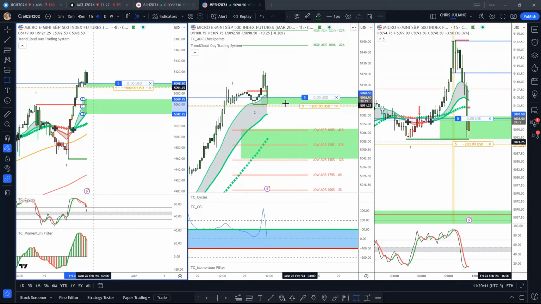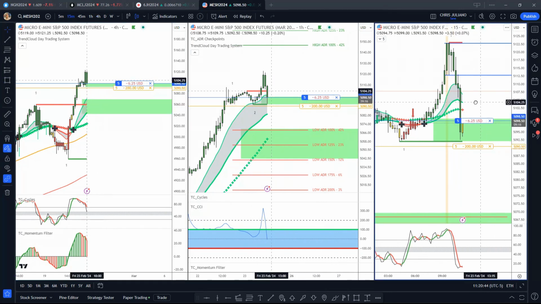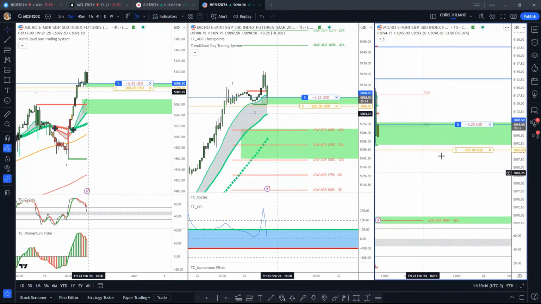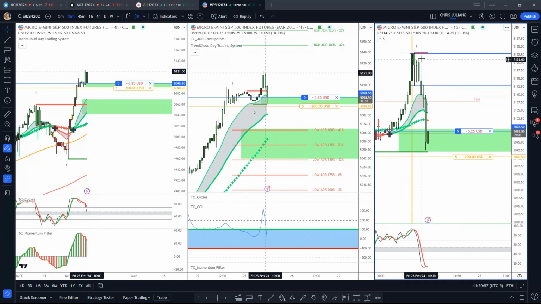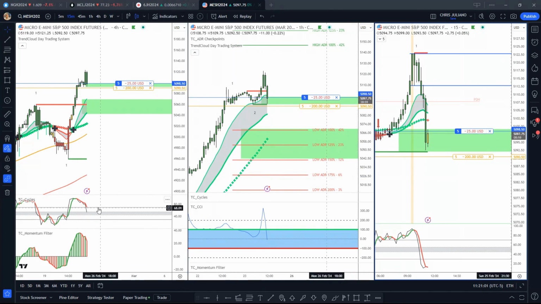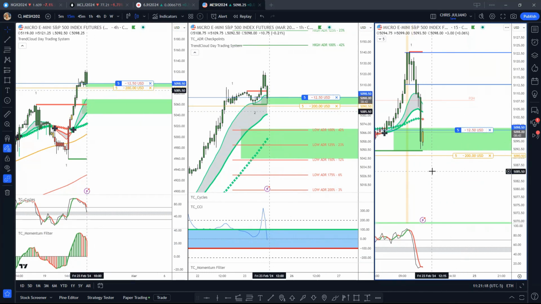But we're hoping that this is the turnaround point. This is the first turnaround point. We want to stay above that previous day's close. It is Friday, so who knows. But the fact that we broke out to the downside with all this upward trend and upward momentum flashing green on that high time frame momentum filter, you don't know what trades are going to work and what trades are going to fail.